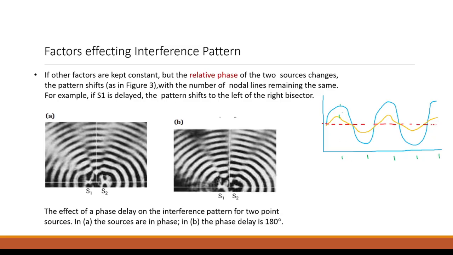And so for this example, these two are in phase, so their crests are lining up and their troughs are lining up. They have to be also the same frequency.